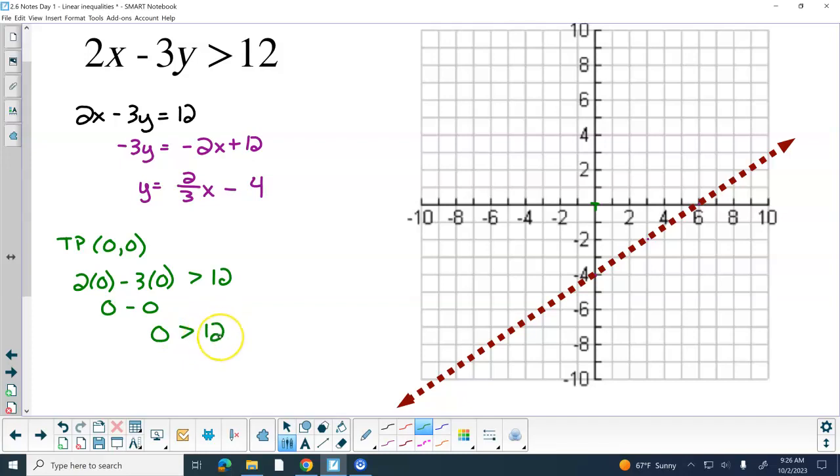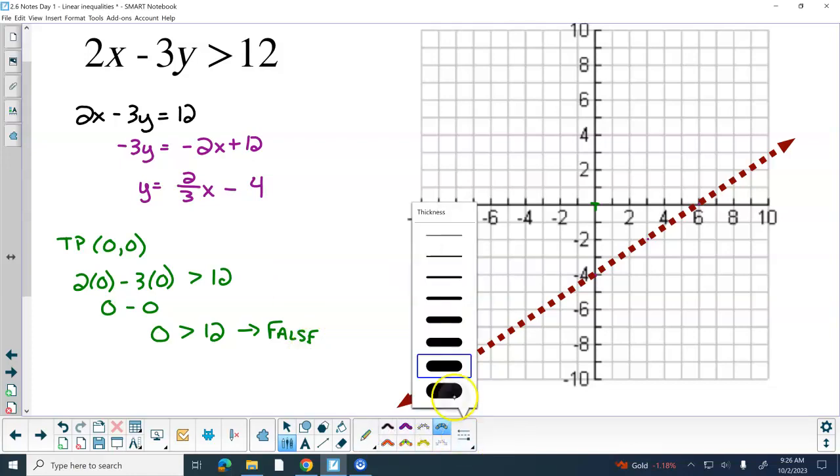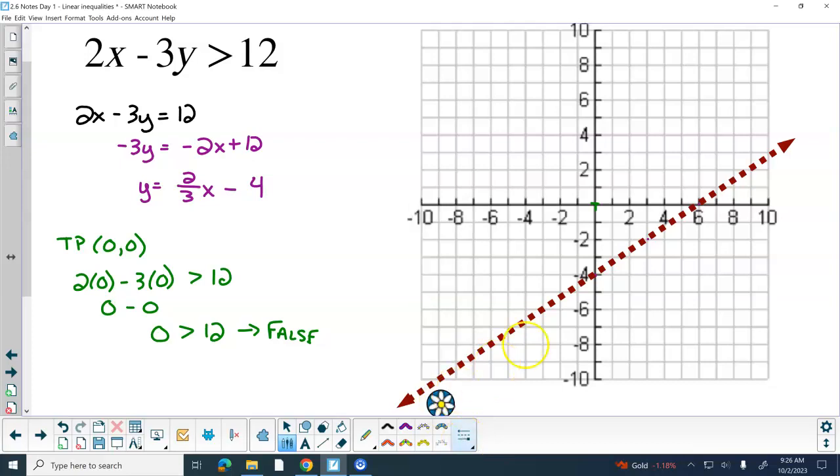Is 0 bigger than 12? No, that's false. So because that's false, I'm going to shade on the opposite side of the line.